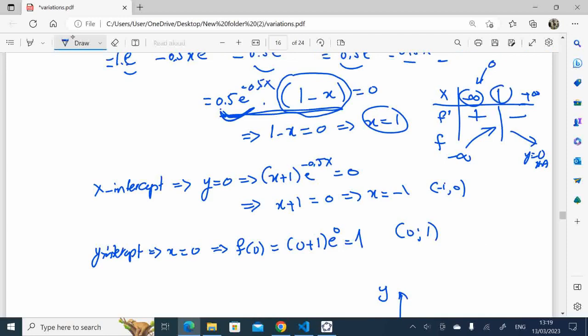Now finding f of 1 to find the ordinate of this maximum, it's going to be 1 plus 1 times e^(-0.5), which using the calculator we can find is equal to 1.21.